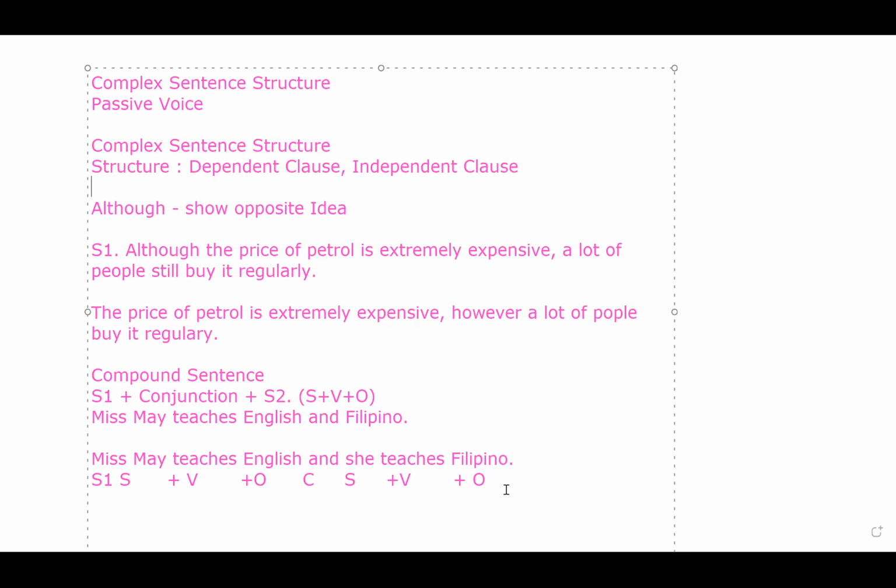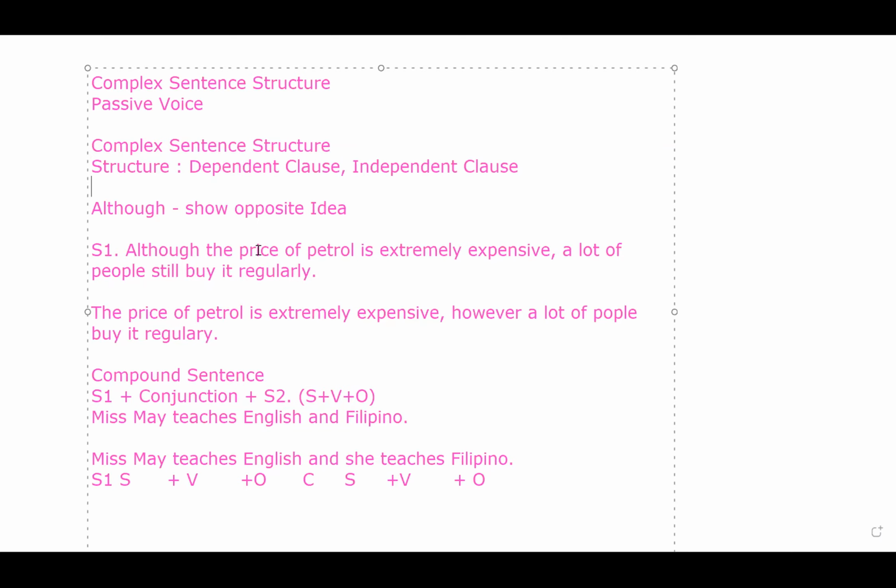Well, if you use it like that, the sentence structure would still be a complex sentence, but it doesn't make sense. This is not compound. No, it is complex, but it doesn't make sense. So you can't just change it because you want to. The sentence itself has to make a meaning.